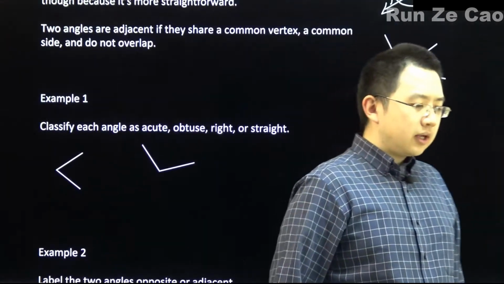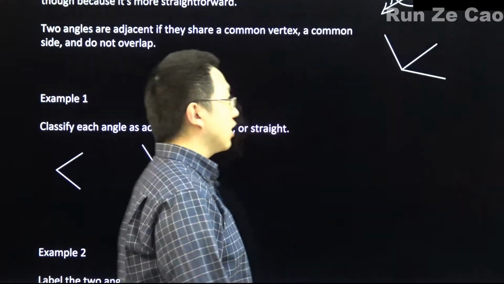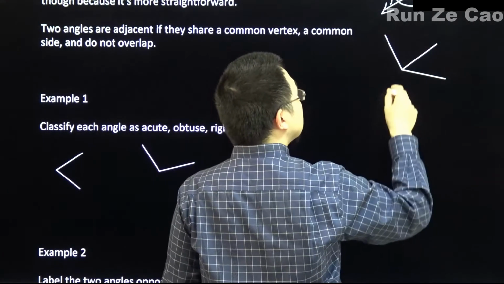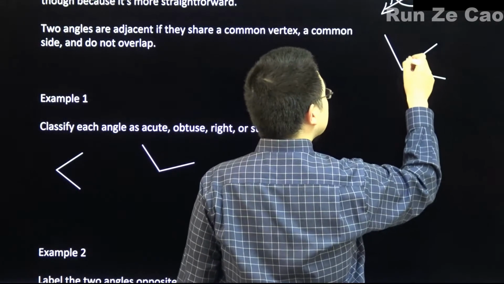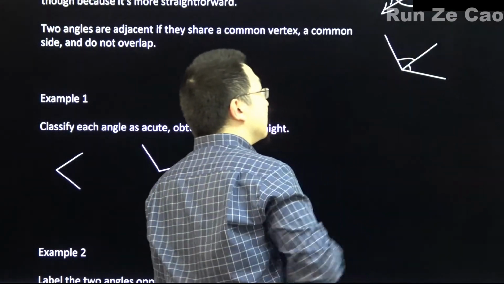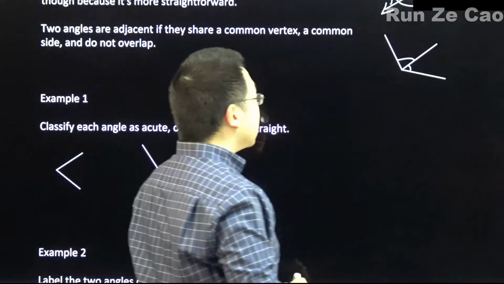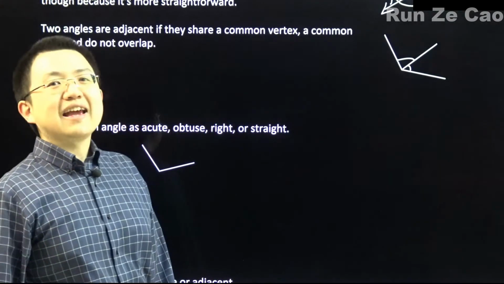Now, two angles that share a common side and do not overlap with each other, like say this angle here and this angle here, these two angles are adjacent because they're right next to each other.